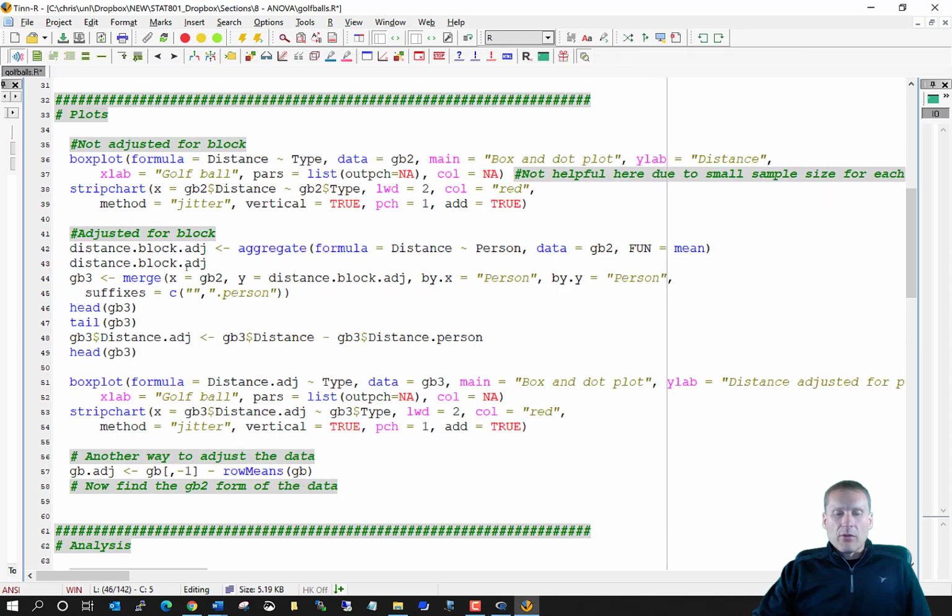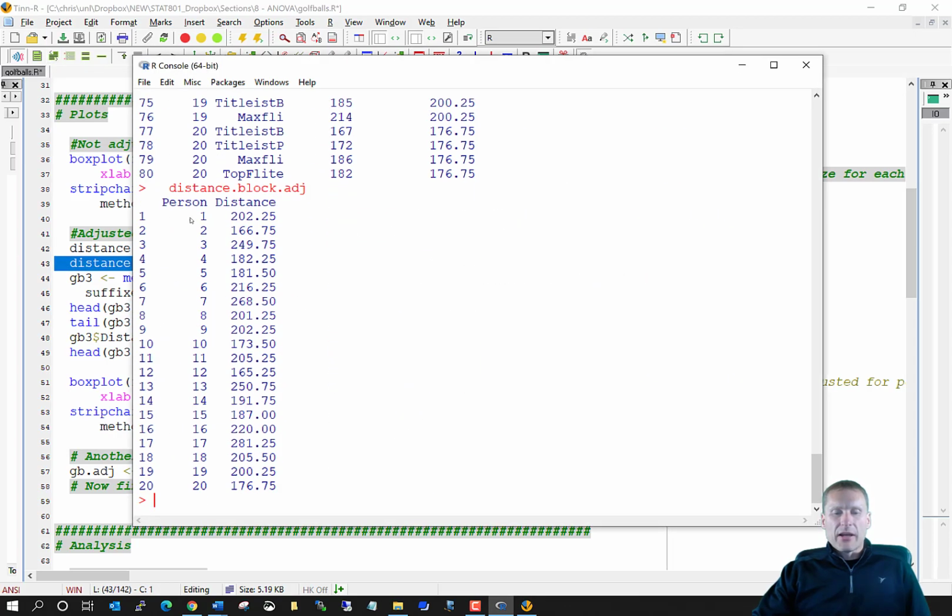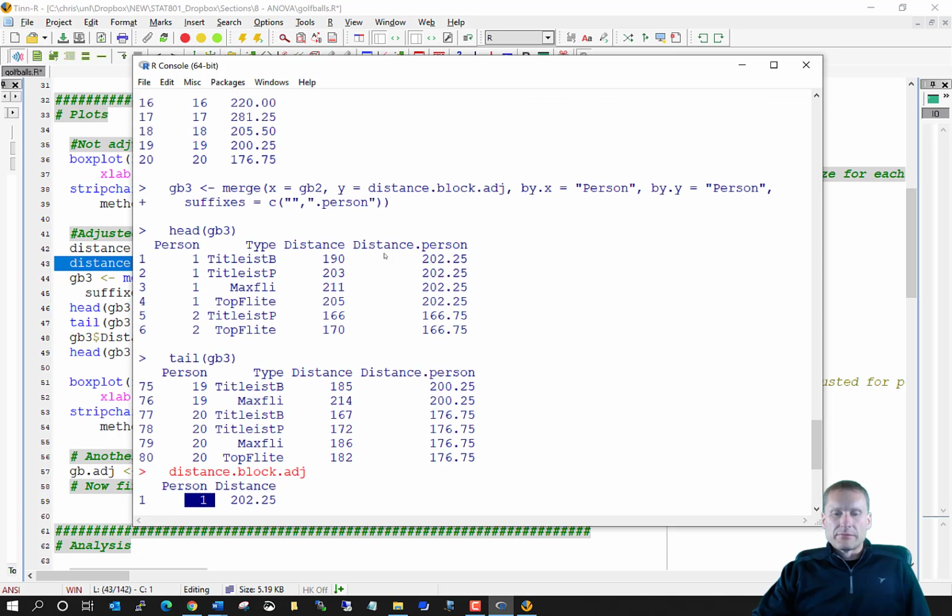And how did I do that? I used a function called merge. So what I'm going to take is this GB2 data frame. This was again the reconfigured data. And I'm going to merge it with another data frame that has all the means by golfer. How do I want to merge them? By the person. Because notice that distance.block.adj has the person number in there.